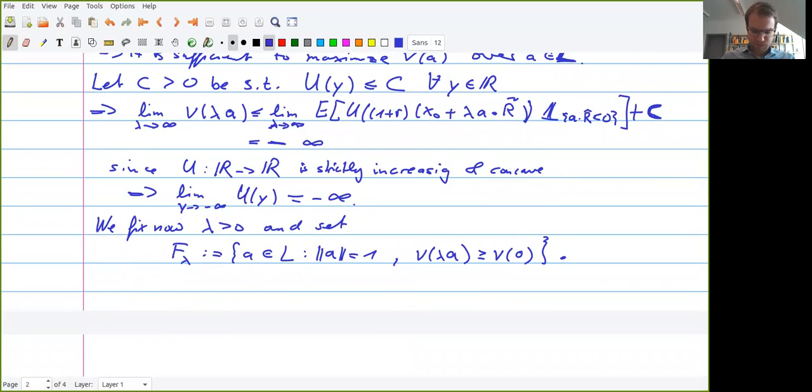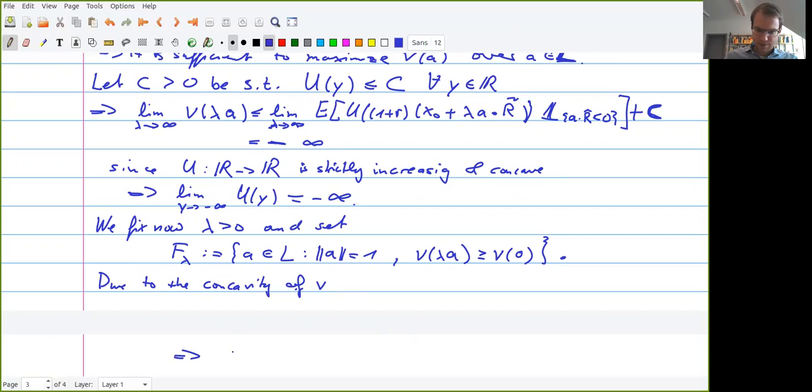So why is this now a nice set? Well, first, let us take the concavity of our value function.